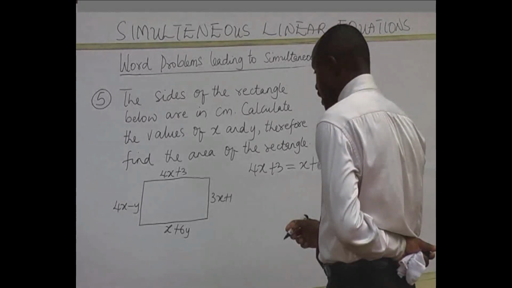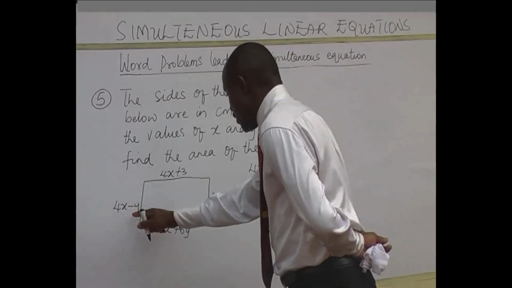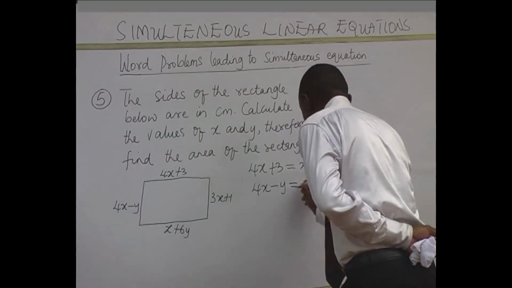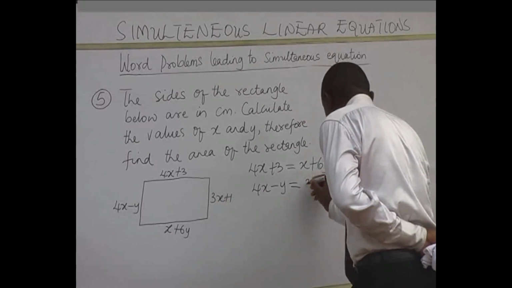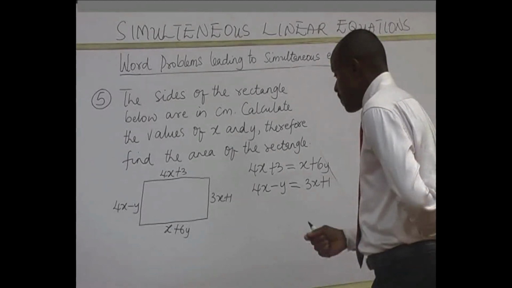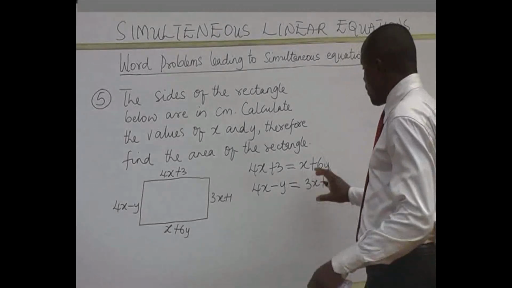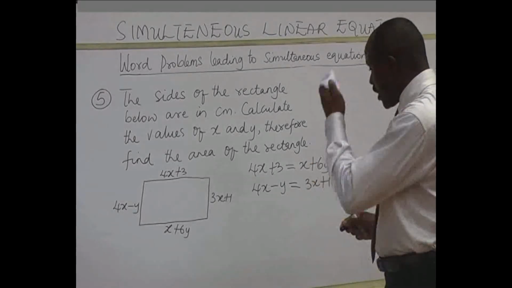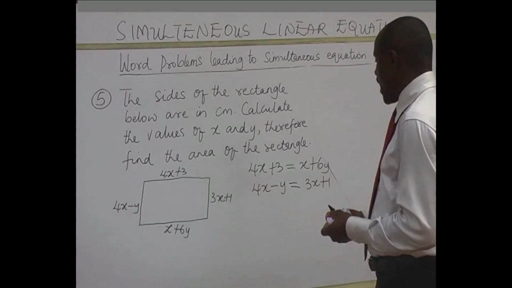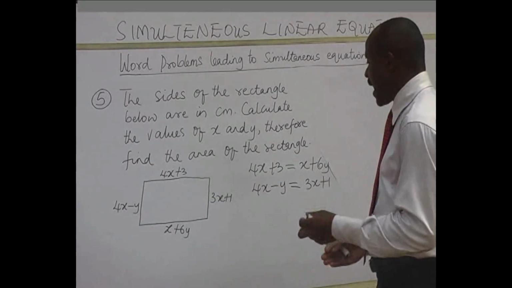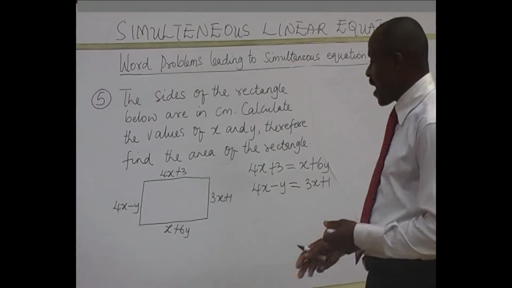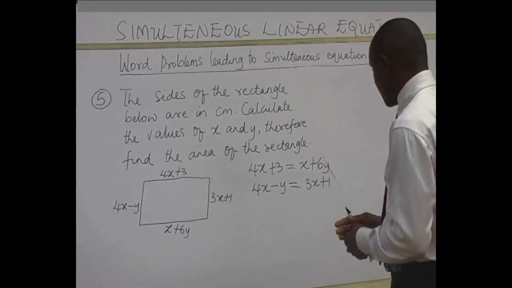Then the second is that 4x minus y is equal to 3x plus 1. Now, from here we are going to build our simultaneous equation, and from there use one of our methods to find the values of x and y. Thereafter, find the length, the width, and therefore the area of the rectangle as the question has asked.